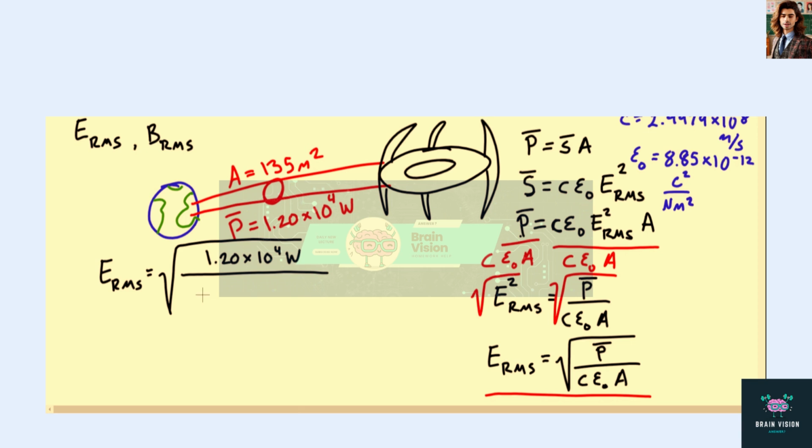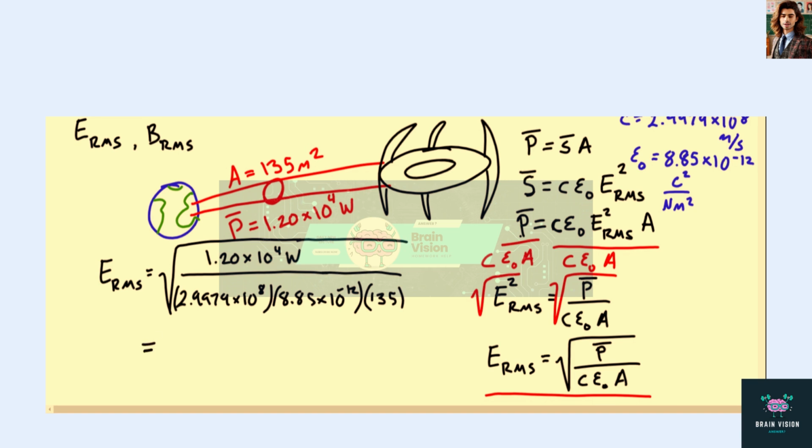So we plug those in here. 2.9979 times 10 to the 8, 8.85 times 10 to the minus 12, and then of course the area 135. Plug that into your calculator.